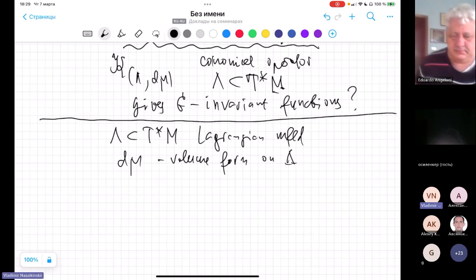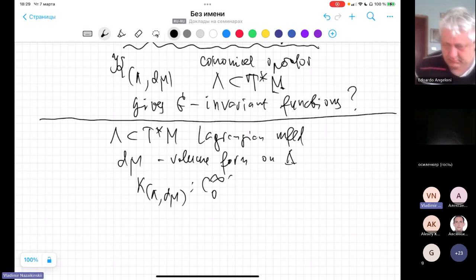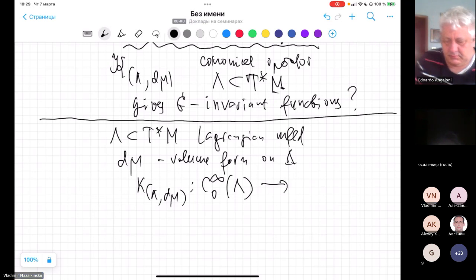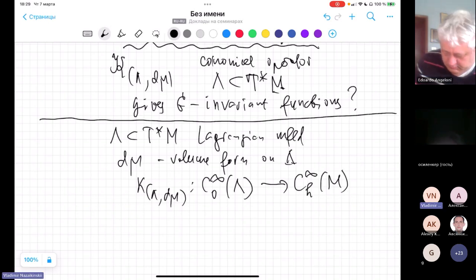And then if we have these objects and if some conditions known as the quantization conditions are satisfied, then we have a canonical operator, K of lambda d mu, that acts on compactly supported functions on the manifold lambda and takes them to some functions on M depending on the parameter h.